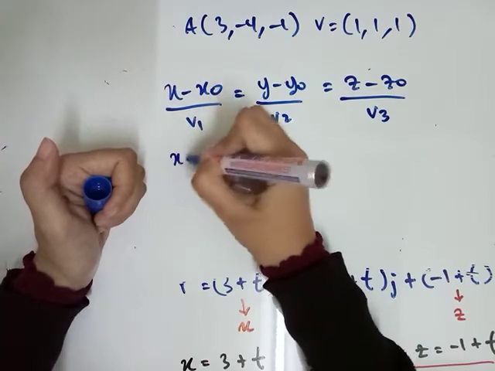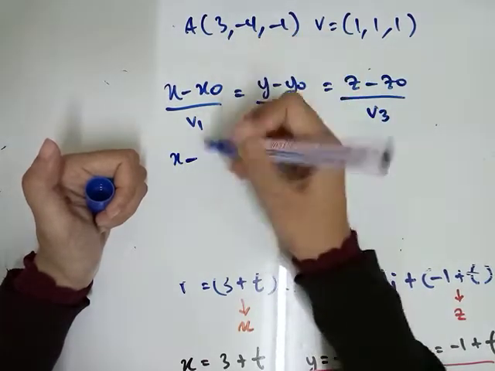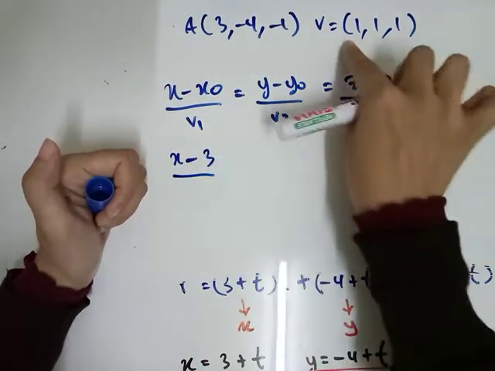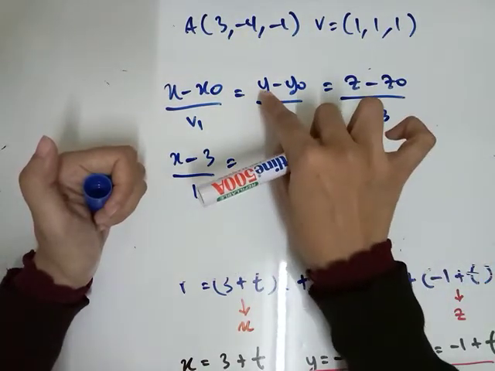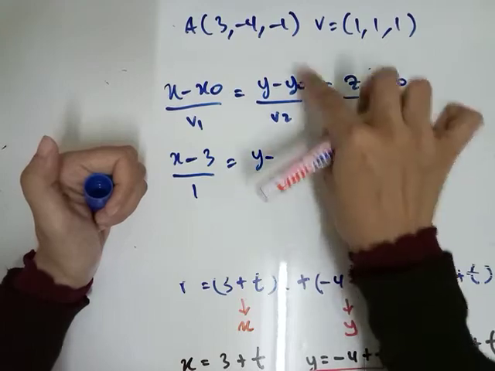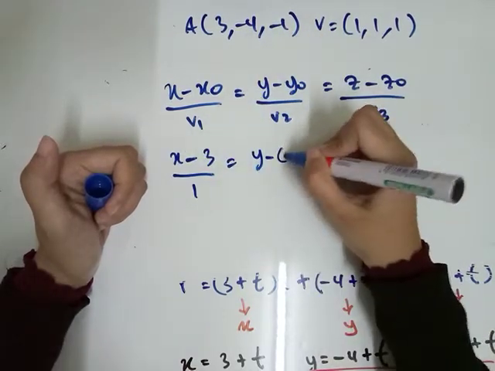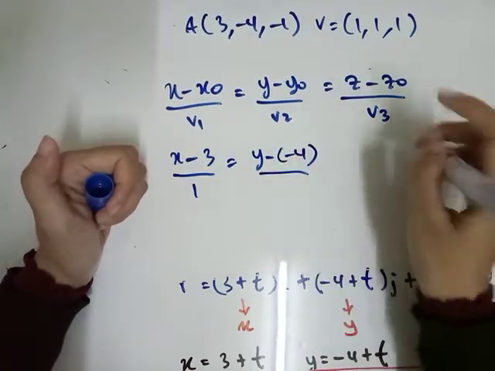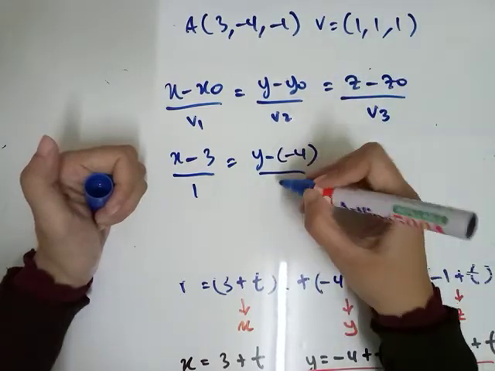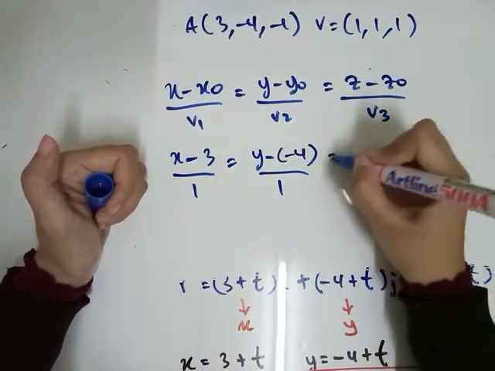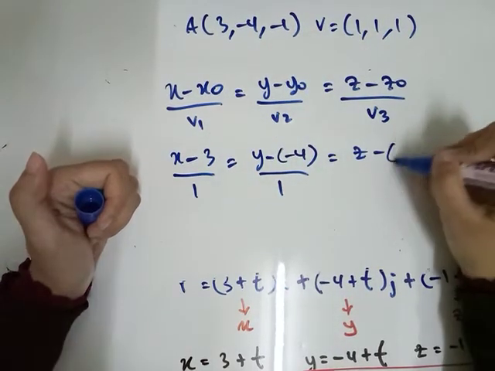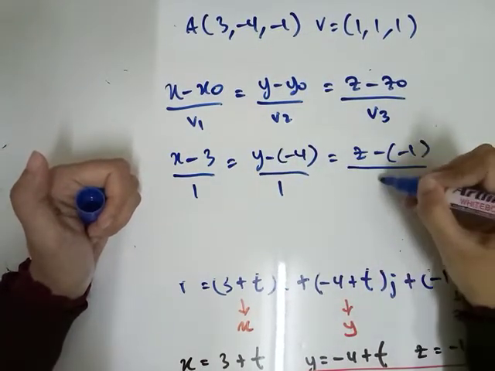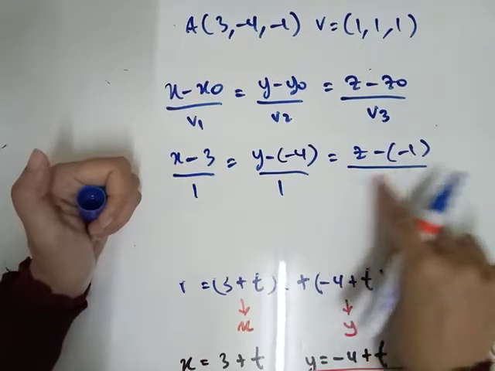Okay. x minus x naught is 3, over v1 is 1. Equal y minus y naught is negative 4, divided by v2. v2 is 1 also. Equal z minus z naught is negative 1, divided by v3. v3 is 1 here.